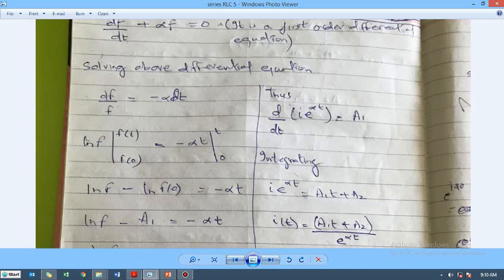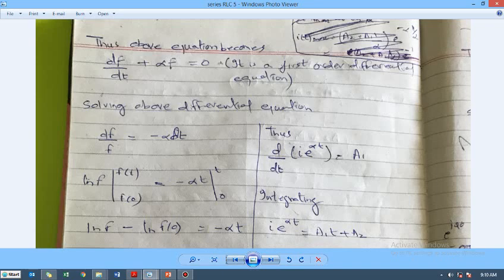Whenever you integrate, there will be limits, ln of d of f, and because the term here is dt.